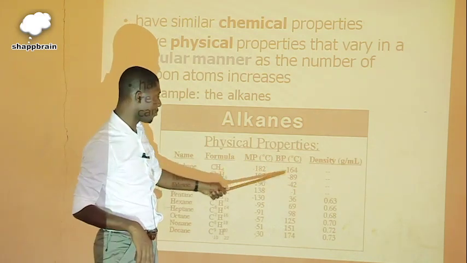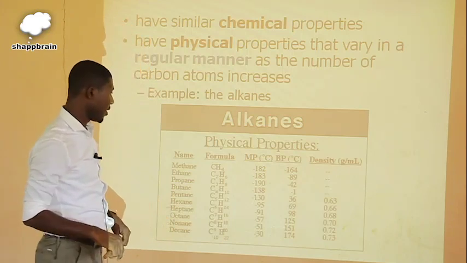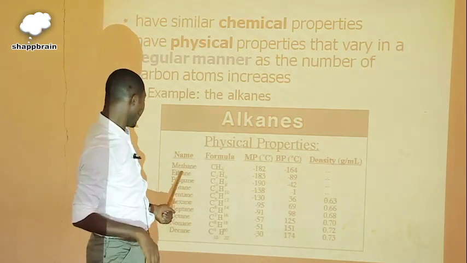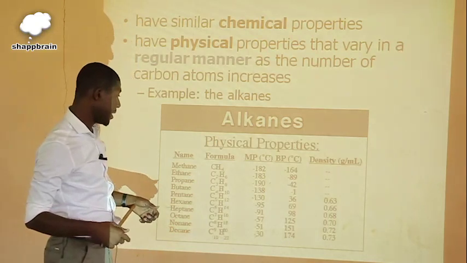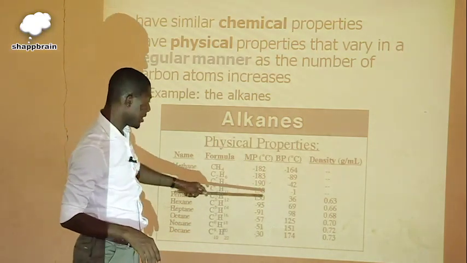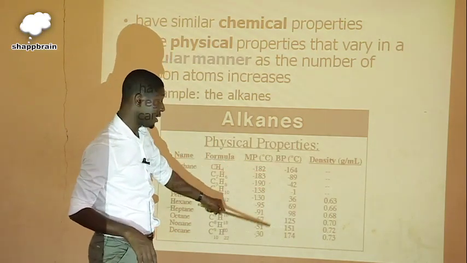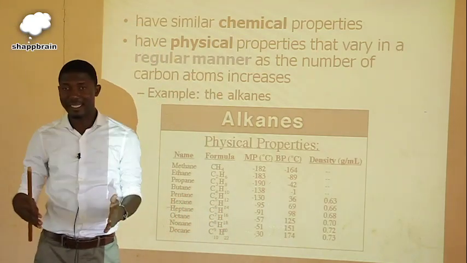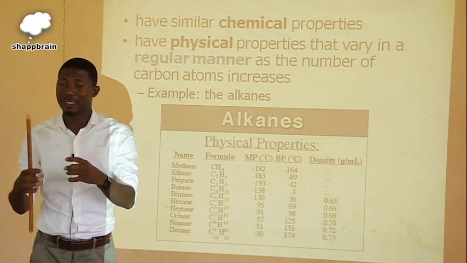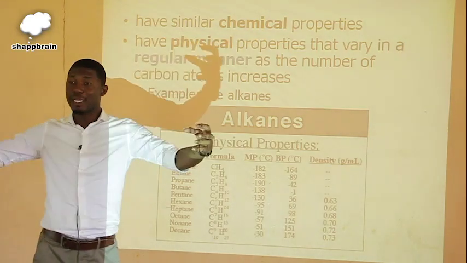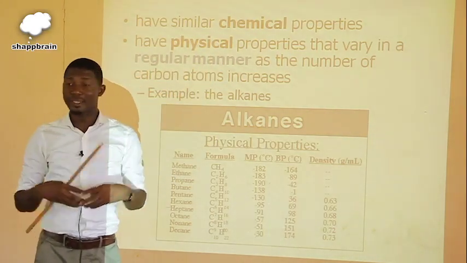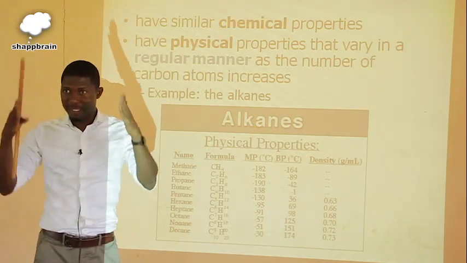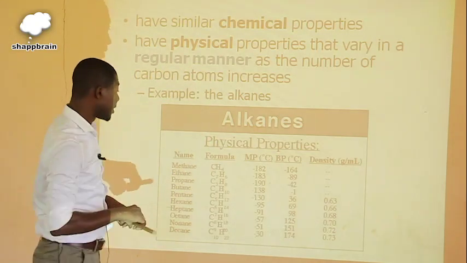Then you come to the boiling point. Okay? From methane to decane, there is relatively an increase too. There's an increase in boiling point because size increases, isn't it? So while size increases, you also need a good amount of energy to put away the particles, and that is why you expect that boiling point will also increase as you move down the series.